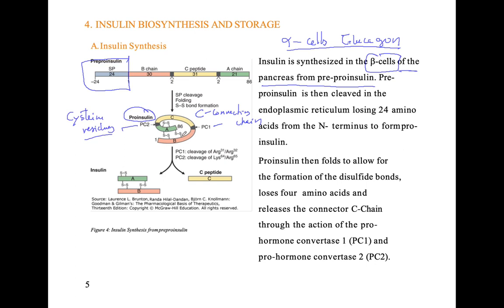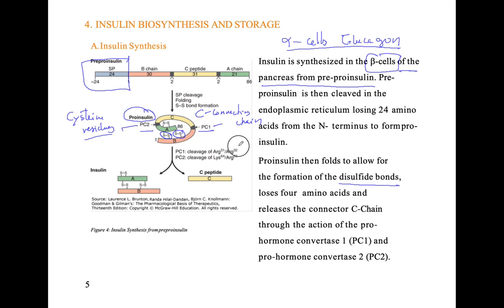Are going to be connected together by disulfide bonds. So the proinsulin is going to fold on itself, mainly driven by the tendency of these cysteines to form disulfide bonds, and then prohormone convertase 1 and prohormone convertase 2 are going to cleave at this position.